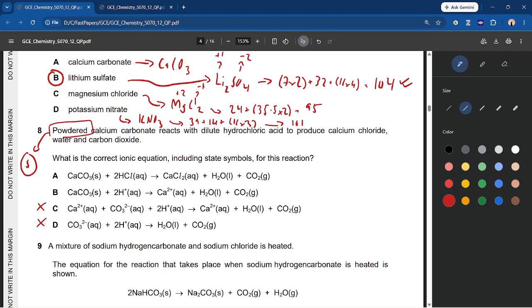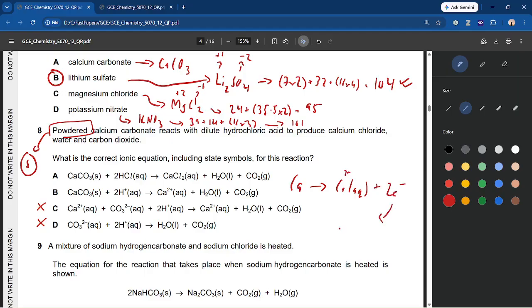To produce calcium chloride from dilute hydrochloric acid. What's going on is the calcium ion is going from a solid state to calcium aqueous. So we have calcium 2+ and 2 electrons, and these 2 electrons go to chlorine.